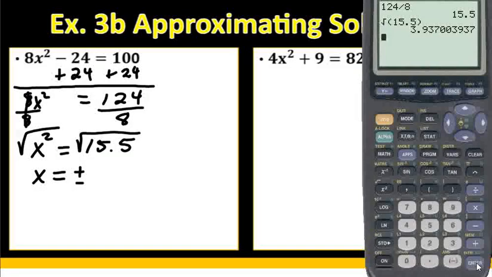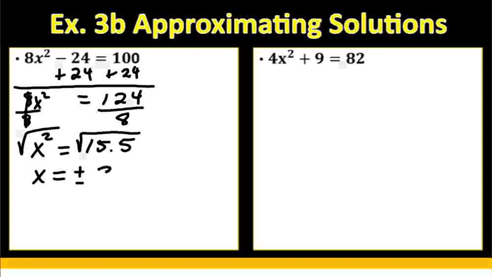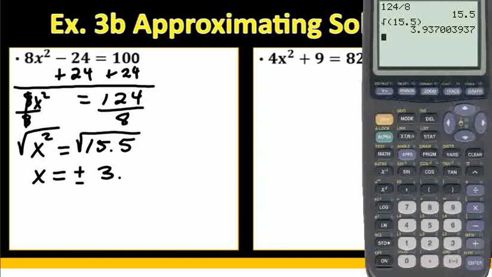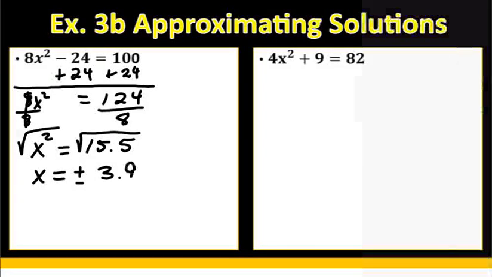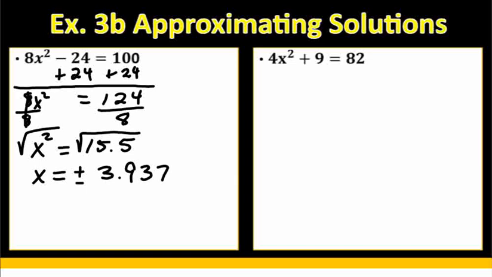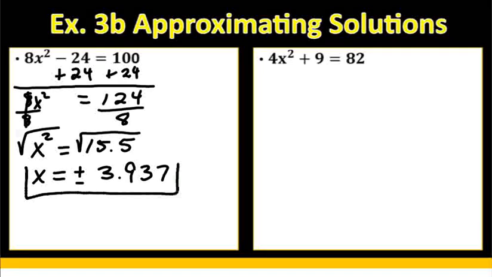So if I only look at the first 3 decimal places, 937, the 4th one's a 0. So that tells me that my answer can only be a positive and negative 3.937. And this would be our answer.